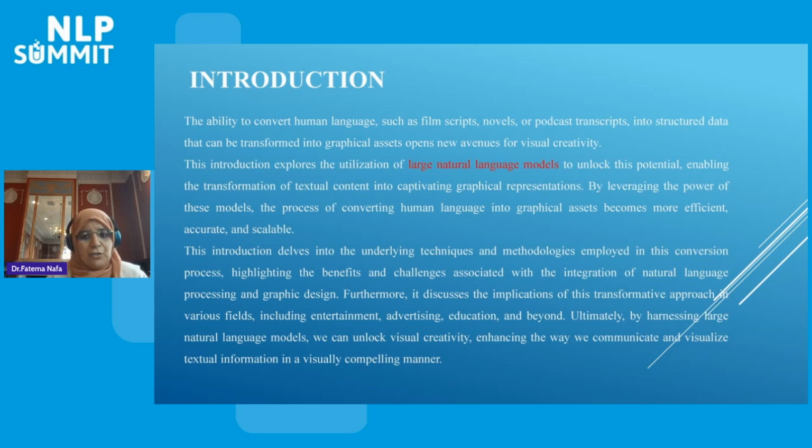We will convert it into structured data that can be translated to a graphical representation. Now we can see the importance of large natural language models, which have been used everywhere, and the pre-trained models as well. Taking advantage of that with a Python library, we can use it to convert natural language to images.